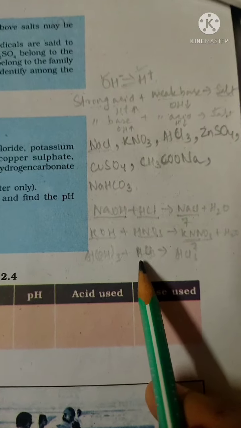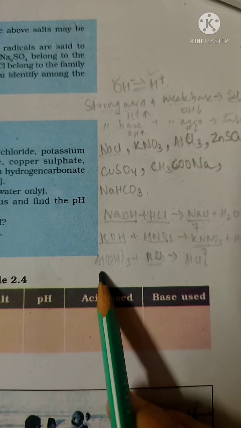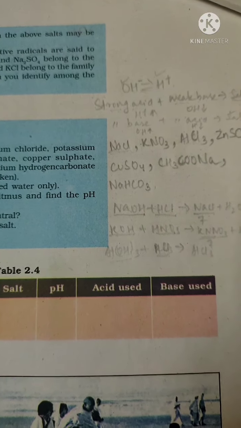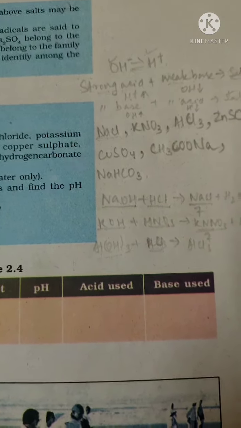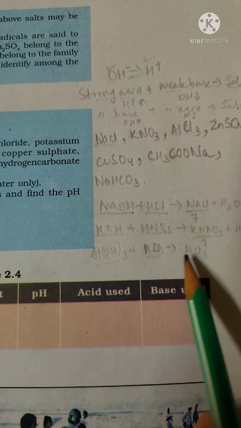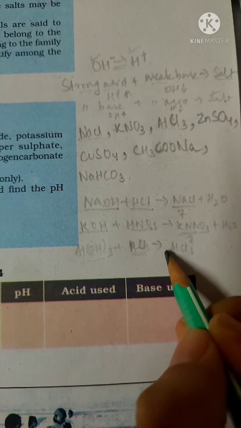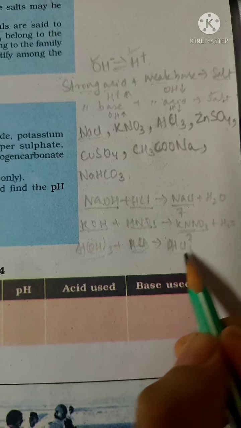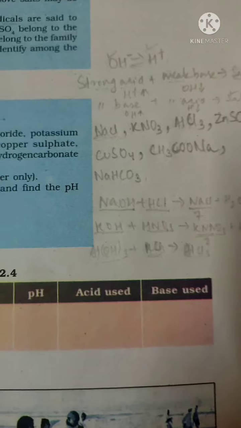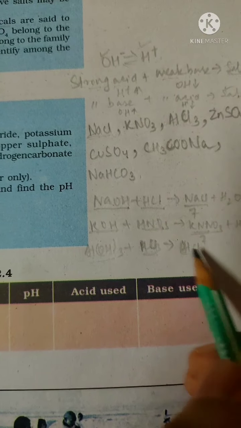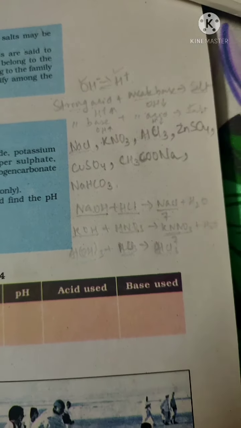Here this is a strong acid and this is a weak base. So what will this salt AlCl3 be? An acidic salt, because here the acid is strong and the base is weak.